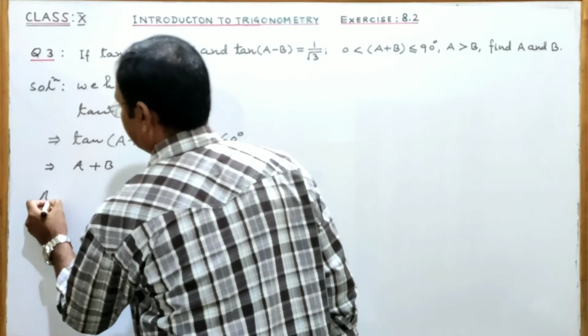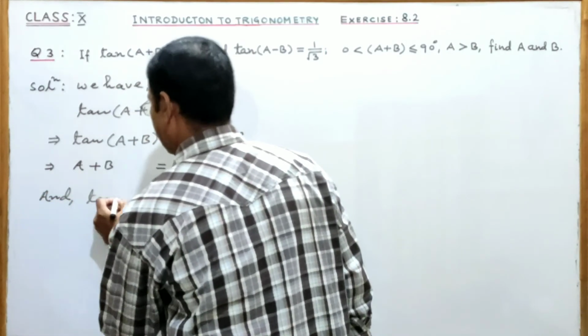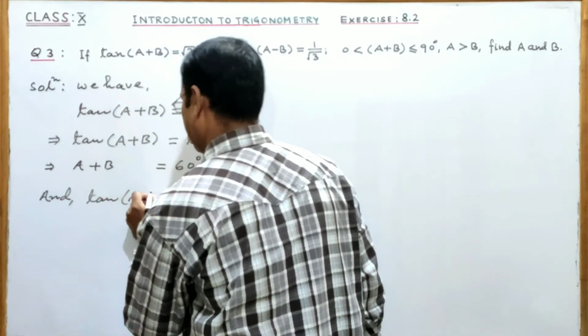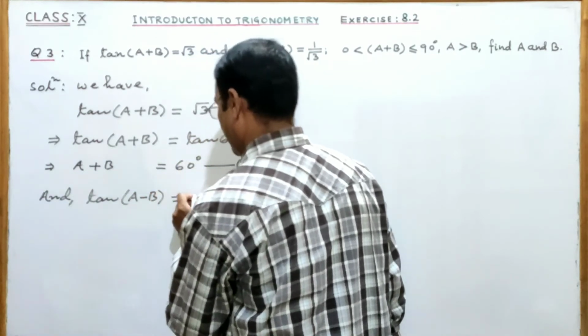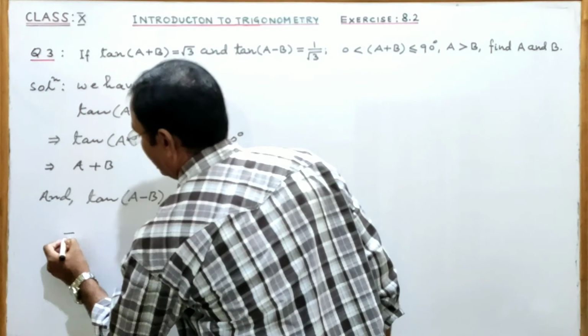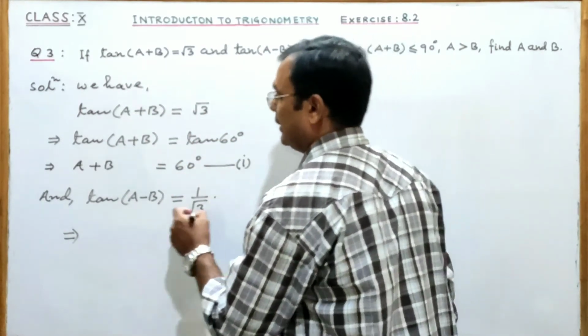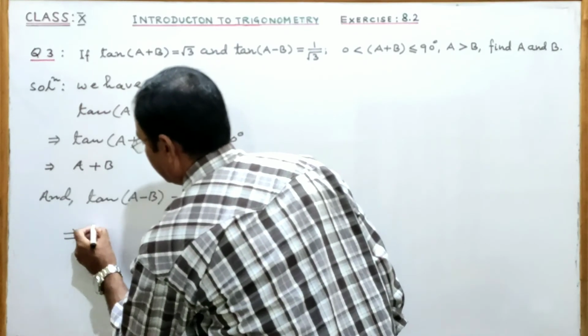And it is also given that tan (A minus B) is equal to 1 by root 3. The 1 by root 3 is value of tan of which angle? Tan 30 degrees.